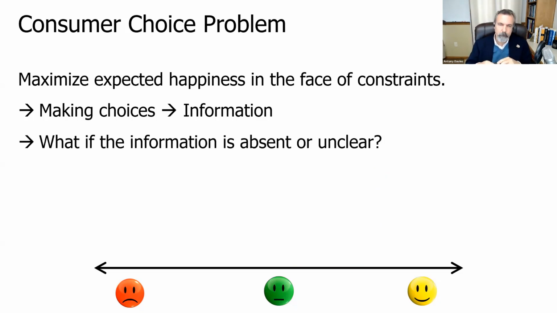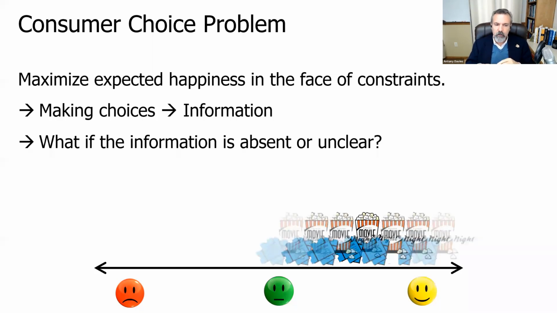So here's the question. What happens if the information about the product, or maybe the information about yourself, your own reaction to the product, what happens if that information is absent? You don't know. Maybe you'll get more happiness from this movie. Maybe you'll get less happiness, right? You have some kind of idea of what kind of happiness you're going to get, but it's fuzzy because you're not entirely sure how much happiness you'll get.